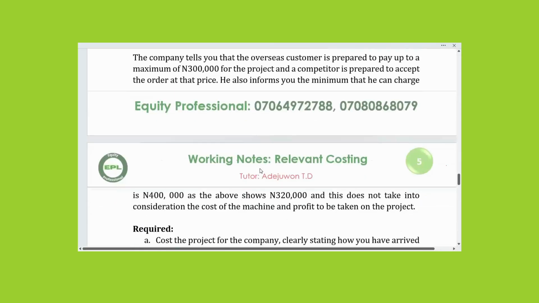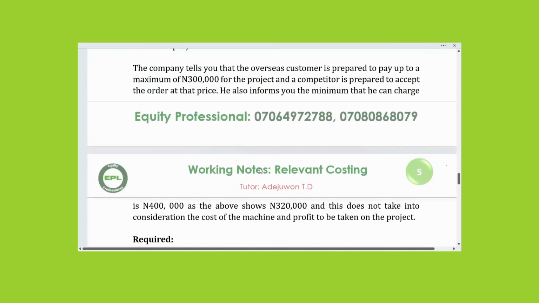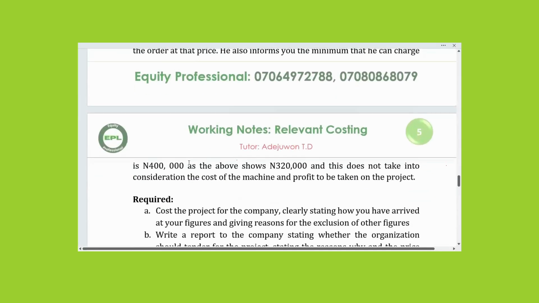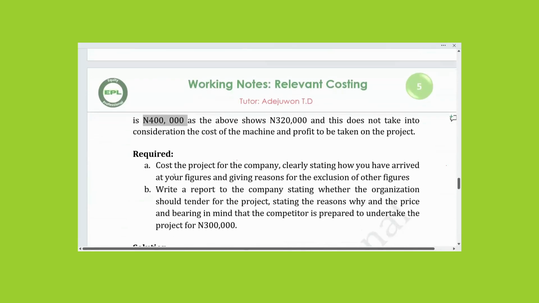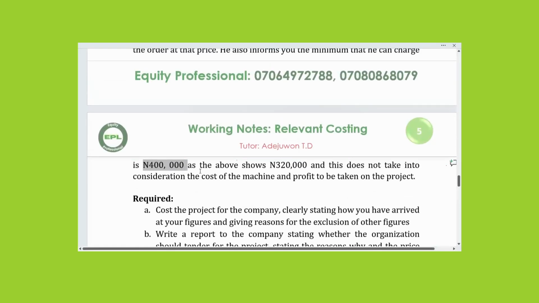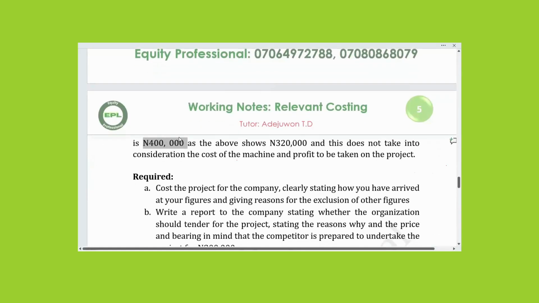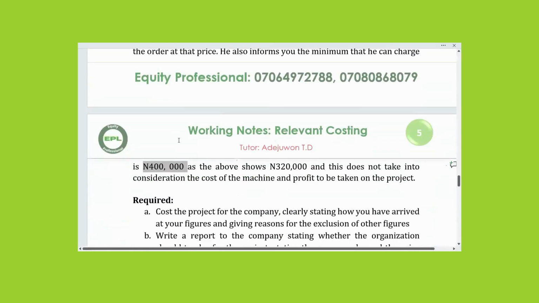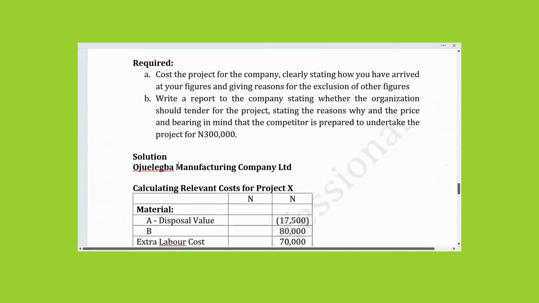And the company's competitor is willing to accept the contract at 300,000 naira, but the minimum that the company can accept is 400,000, and that is why the company requires your expertise as a management accountant to cost the project and then advise on the next course of action that the company should take. That's all. In the last paragraph, you don't need to do anything as far as calculation is concerned. You can only use that information for writing your report.